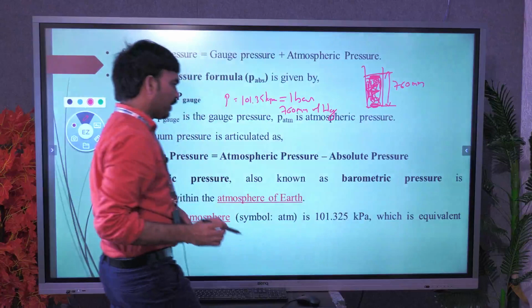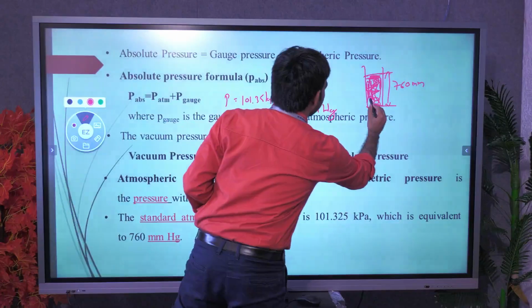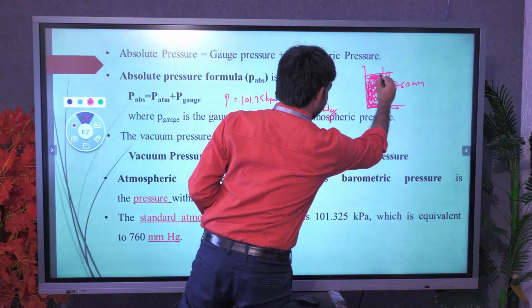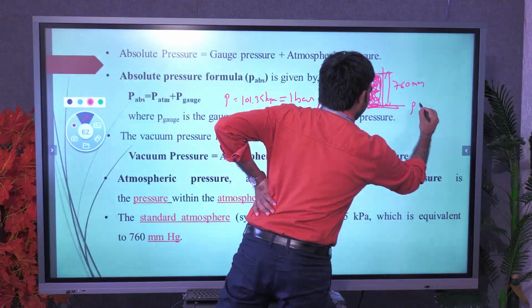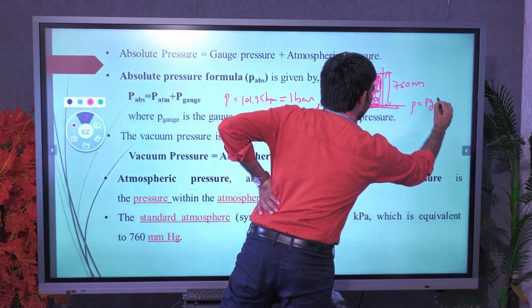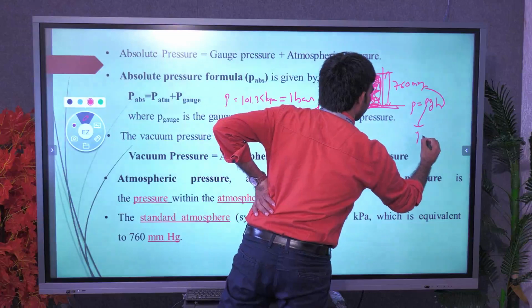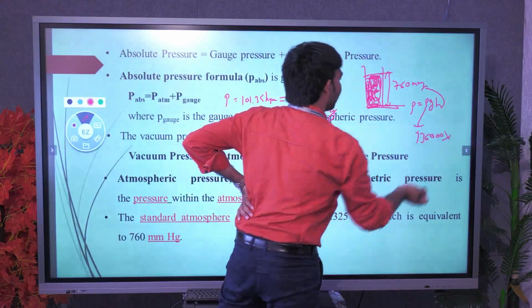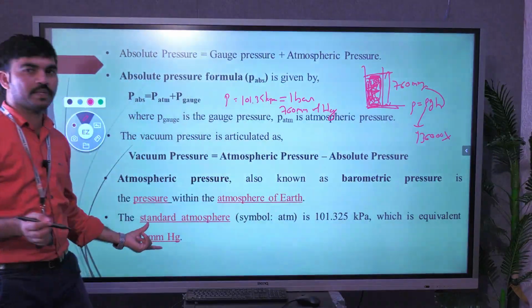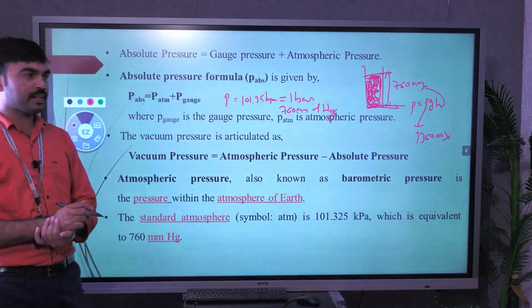The pressure exerted by this 760 mm mercury column at the bottom is P equals rho g h. H is this height, and rho is the density of mercury, that is 13,600. Whatever pressure you get will be equal to the atmospheric pressure, approximately 101.325 kilopascals.